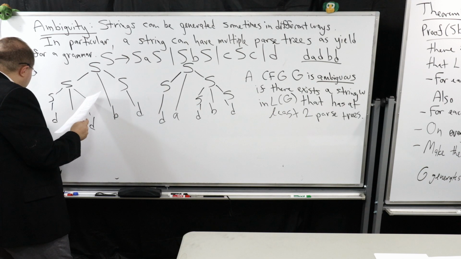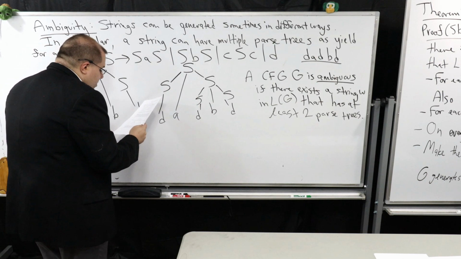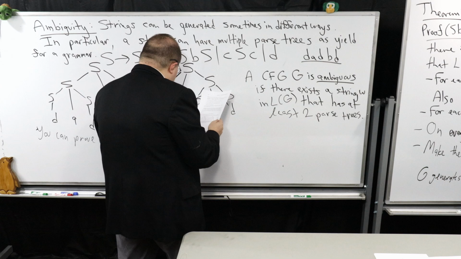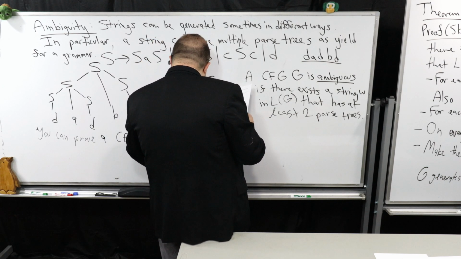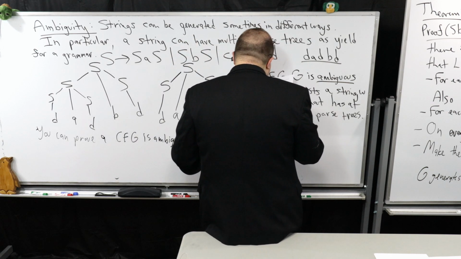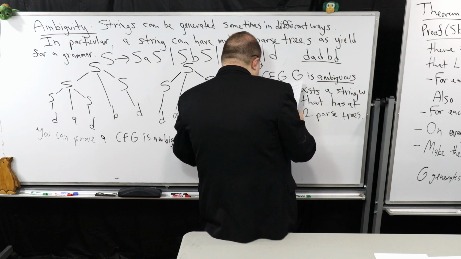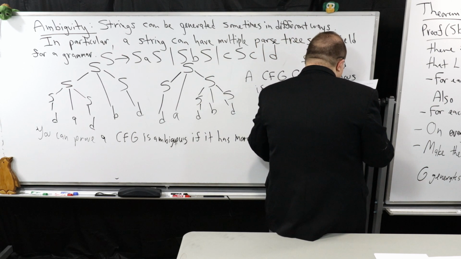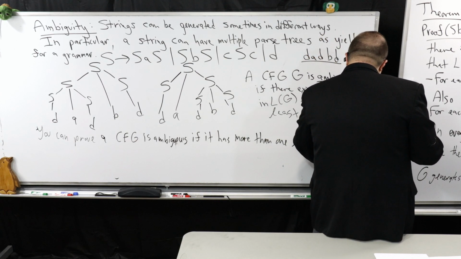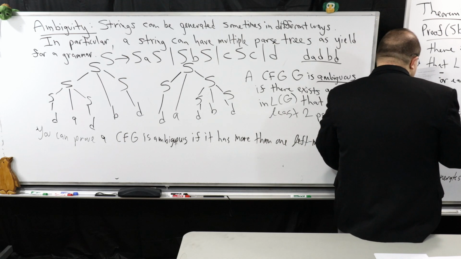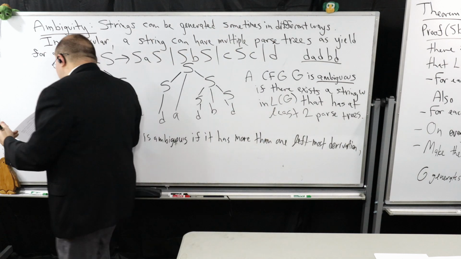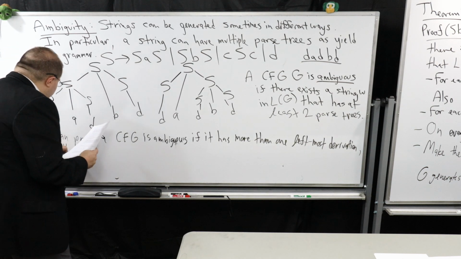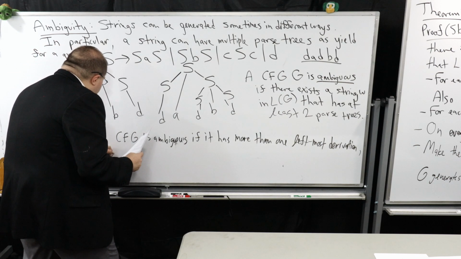You could actually prove a context-free grammar is ambiguous if it has more than one leftmost derivation, which I'm going to define in a moment, or more than one rightmost derivation.